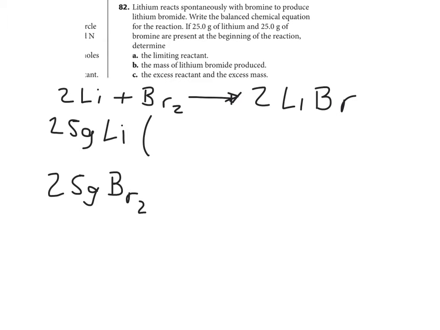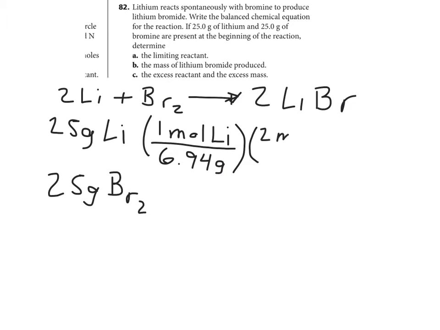First we start with lithium, in which we know that 1 mole of lithium has a mass of 6.94 grams. Then we have to change it into moles of lithium bromide, and because of the balanced equation we know that to produce 2 moles of lithium bromide we need 2 moles of lithium.